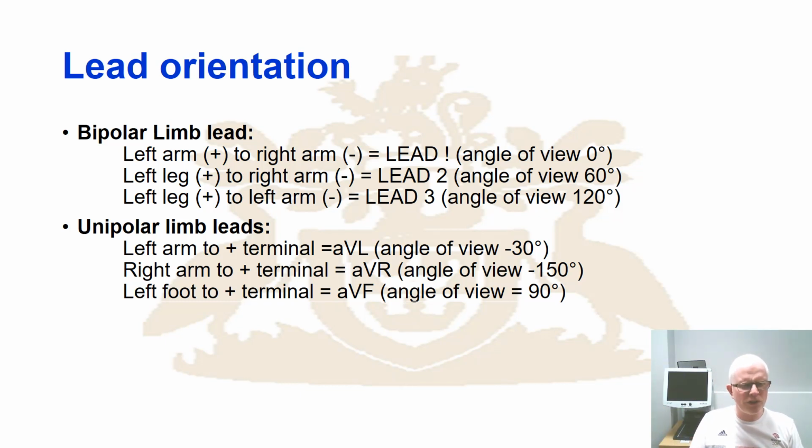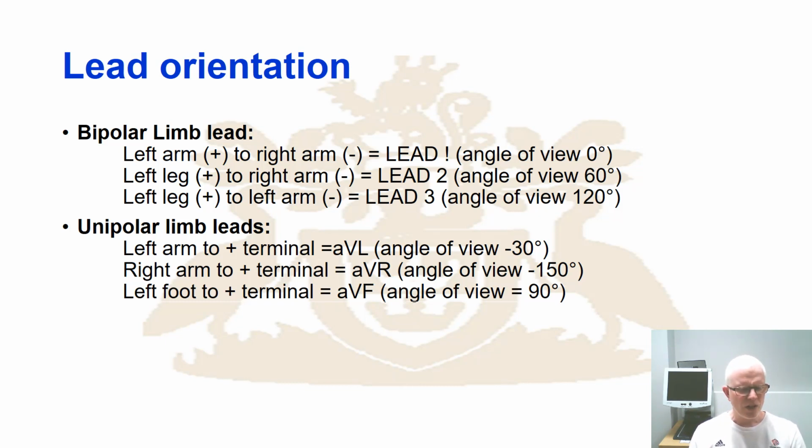Can you see that we're going positive to negative, positive to negative, positive to negative? So they're creating a network, whereas the unipolar leads are only interested in the positive discharge. And you can see that we're going from minus 150 degrees to about a 90-degree angle, depending upon the electrodes that we place. So they're our first grouping.